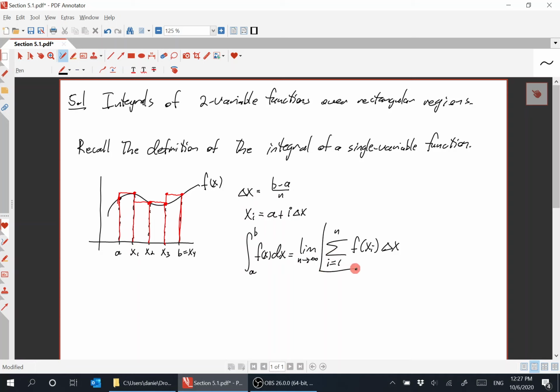This is the area of these rectangles, which estimates the area between the function f of x and the x-axis. And the estimate gets better as n tends towards infinity. So the definition of the integral is that: the limit as n goes to infinity of these sums called Riemann sums.